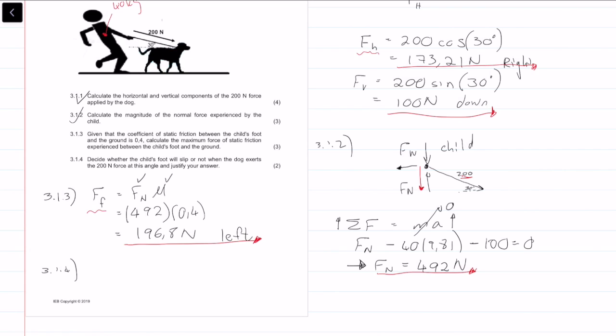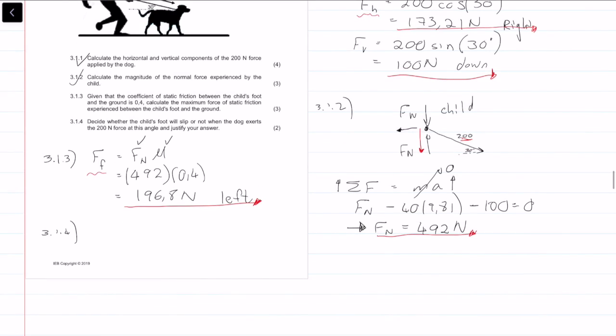Okay, but in this case, our horizontal force equals 173.21 newtons. Our force friction is equal to 196.8 newtons. Therefore, our horizontal force is less than the force of friction.